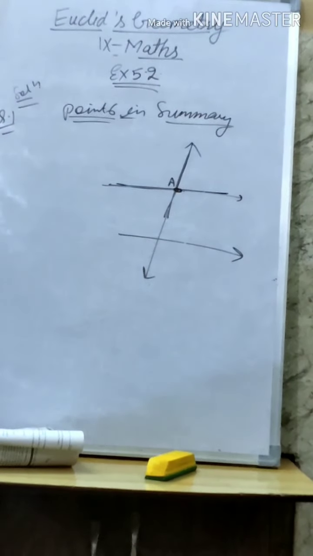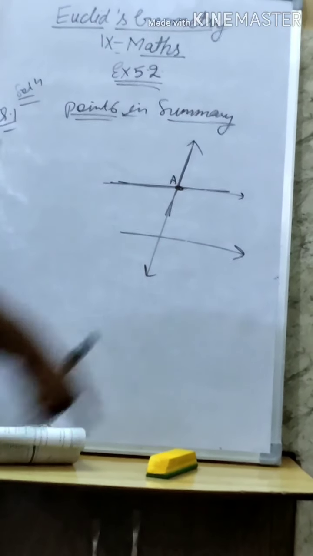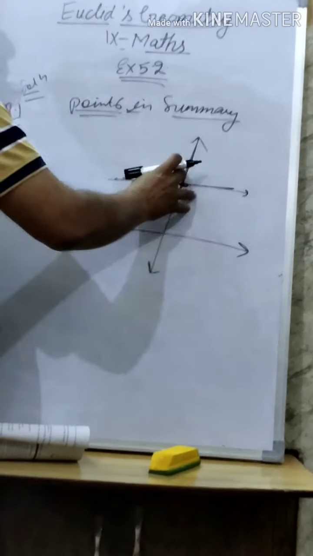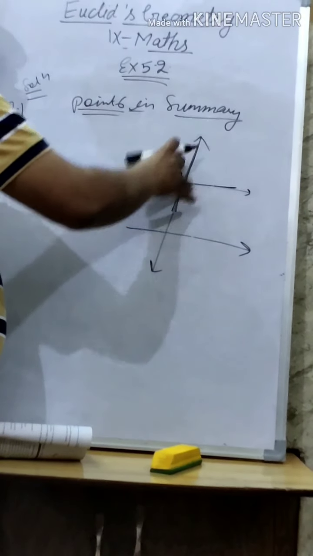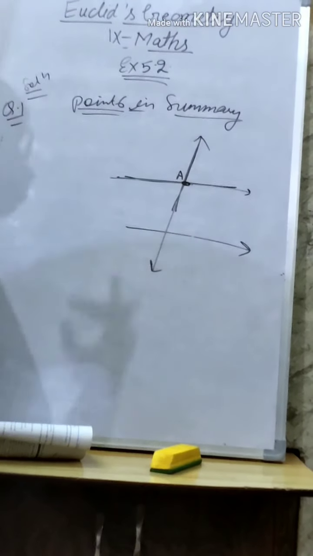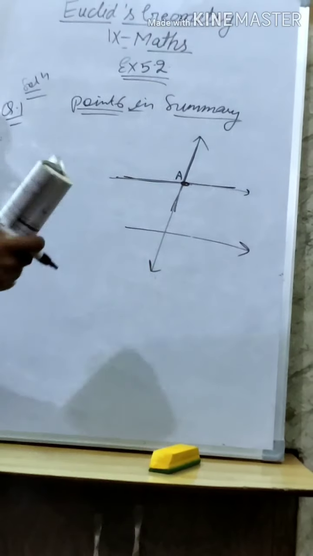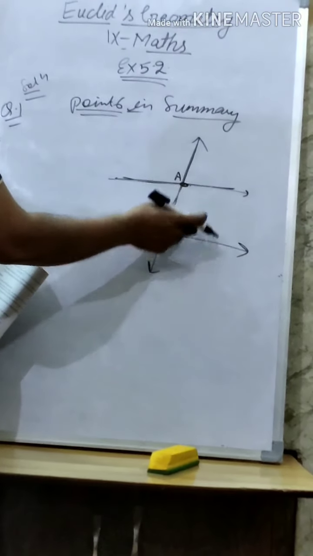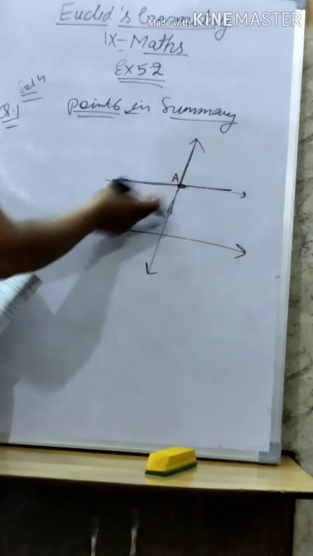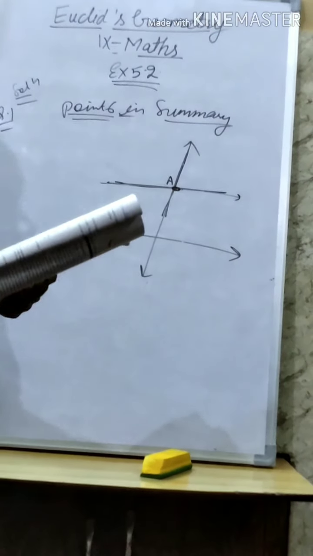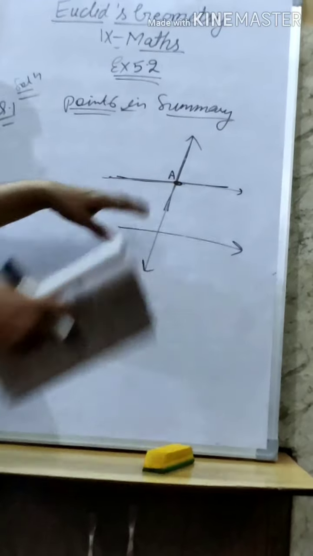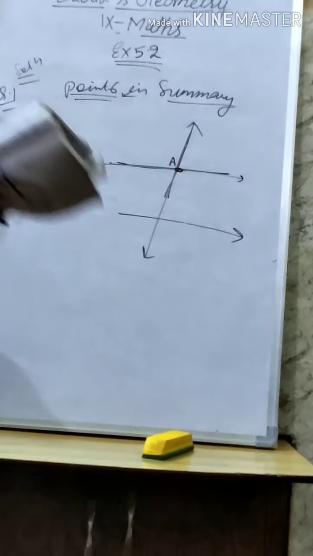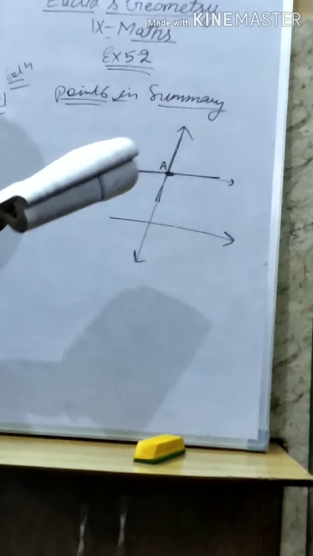If two lines are intersecting at a point, they will not both be parallel to the same line. I think it's very clear. When lines are intersecting, only one can be parallel, the other will not be, because it is intersecting here. Clear? He is only writing the fifth postulate in a different way.